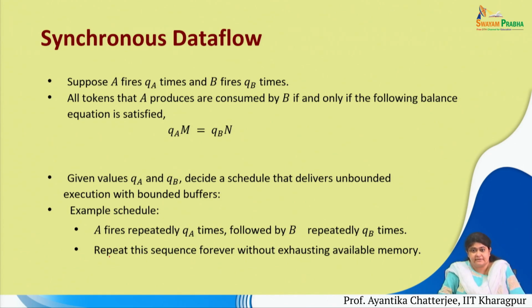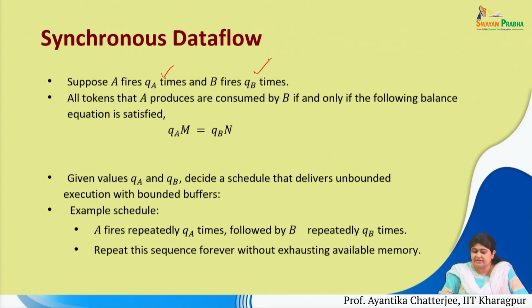Now, it may happen that at a time A or B are consuming or producing M or N tokens. We can consider that over a particular time interval, A can fire QA times and B can fire QB times.